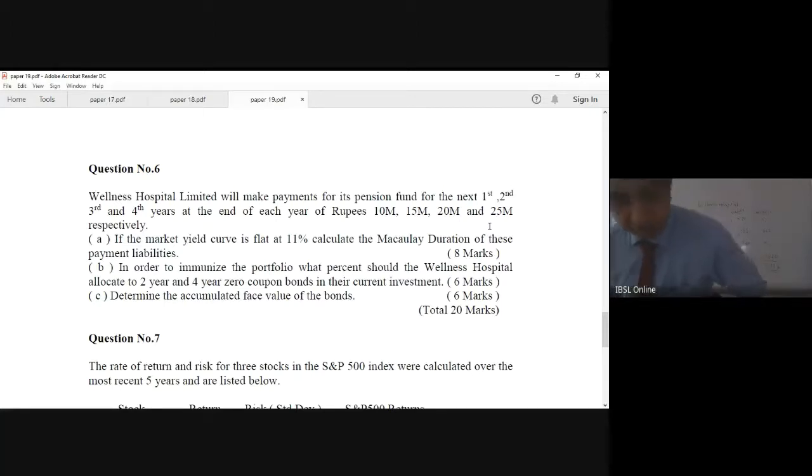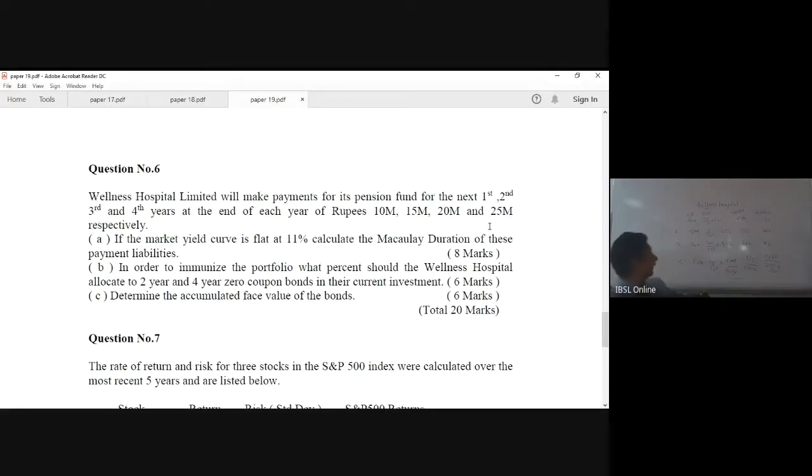Once you do the calculations, you will find that in the first year there is a payment of 10 million, in the second year 15 million, in the third year 20 million, and in the fourth year 25 million. Then you calculate the present value of the cash flows. For the first year, 10 divided by 1.11 comes to 9.009.